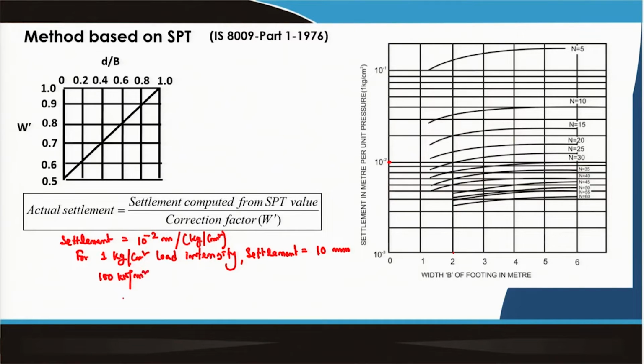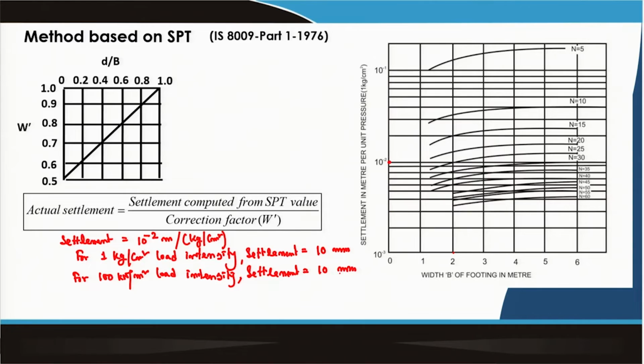So, I can write that for 100 kilonewton per meter square load intensity, settlement is 10 millimeter, because 1 kg per centimeter square is equal to 100 kilonewton per meter square. But this 10 millimeter is not the settlement considering the water table effect. So, that water table effect we have to consider.